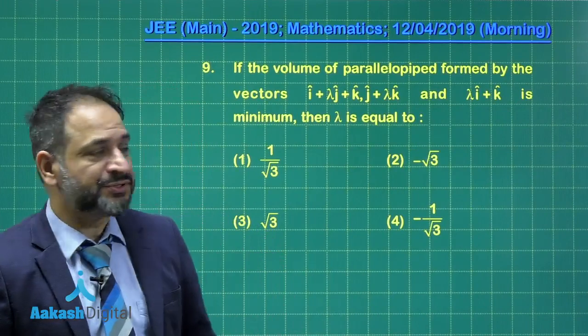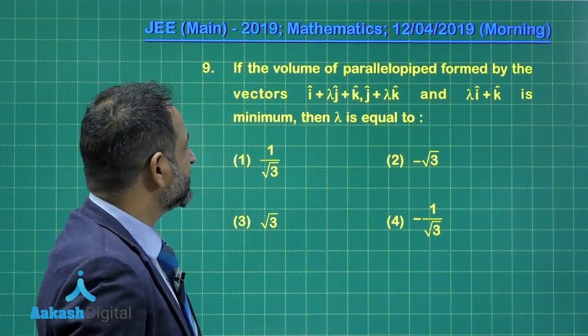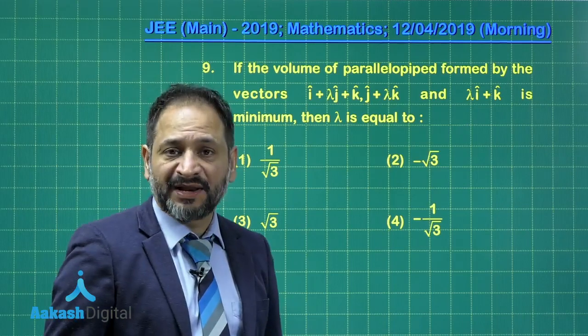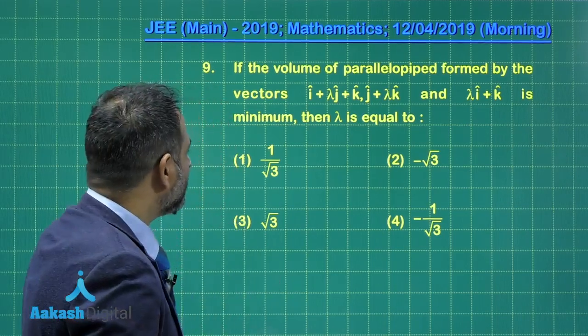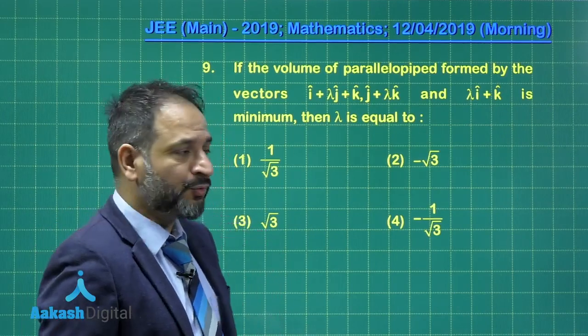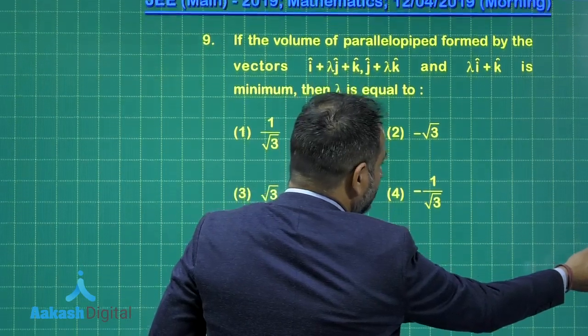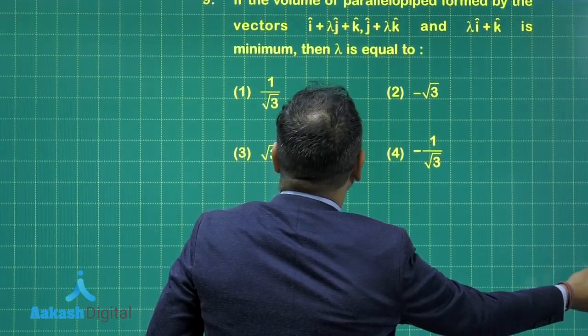Here's a straightforward question on the volume of a parallelepiped formed by vectors. These are the 3 vectors in terms of lambda, and we have to find the value of lambda when this volume is minimum. We know the scalar triple product gives the volume of the parallelepiped.